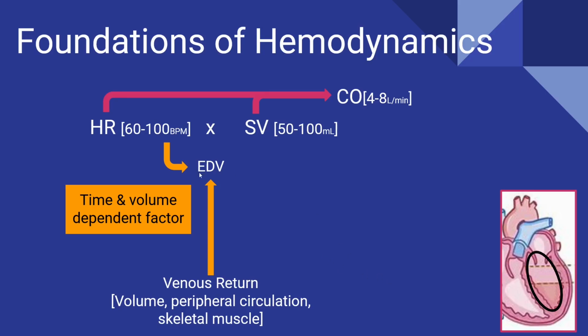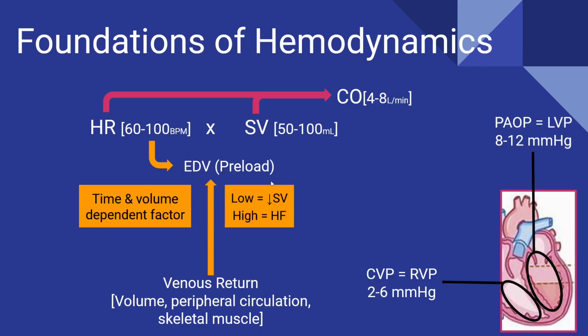So when we look at how much volume we have at the end of diastole, the end of relaxation, that's all dependent on how much volume we have and how fast our heart is beating. So how much volume do we have at the end of relaxation? And that is basically preload, right?